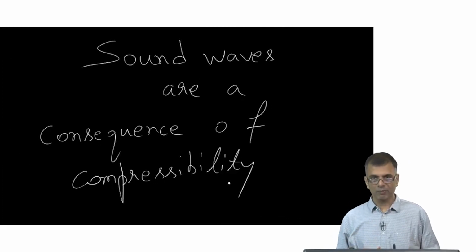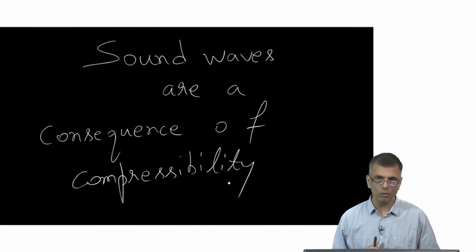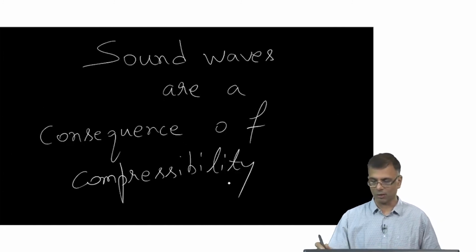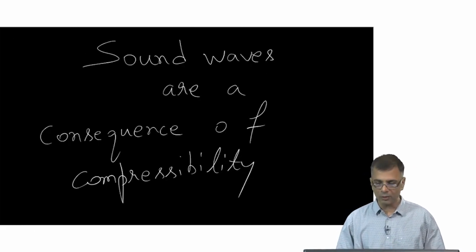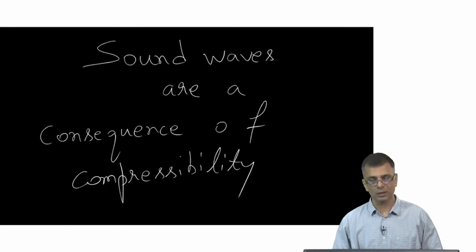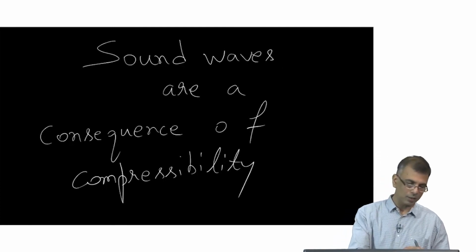But the point I want to make is, here is an everyday example of compressibility. So compressibility is central to lots of things in life, like sound waves. And so one of the main things we will do as we go along is derive the speed of sound, and you know this very well from maybe the 11th grade onwards.